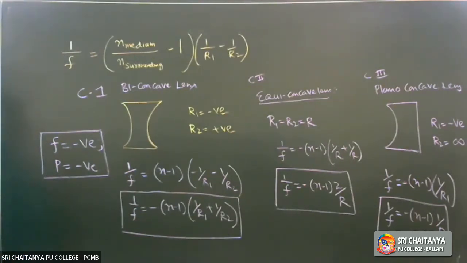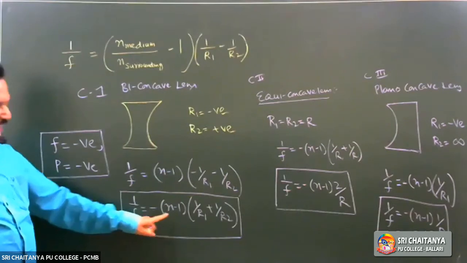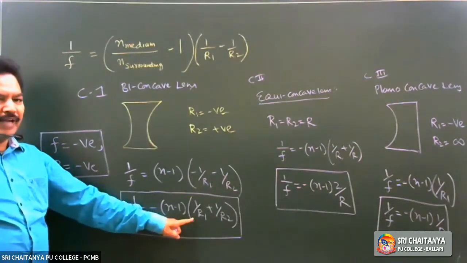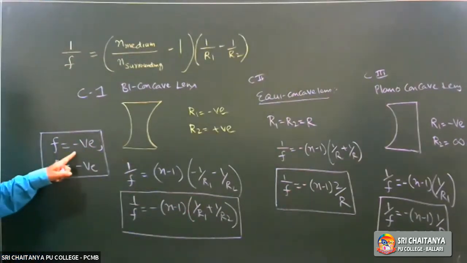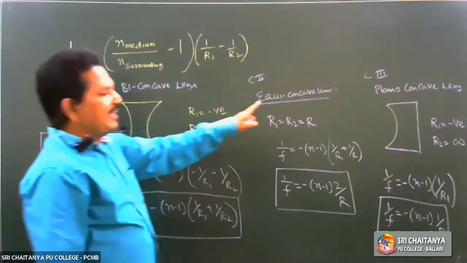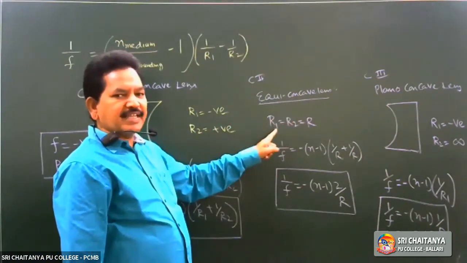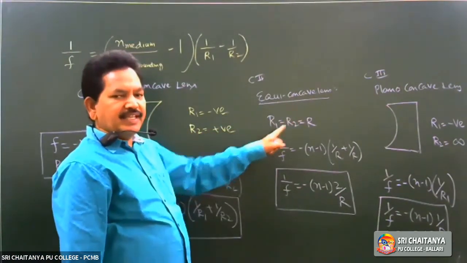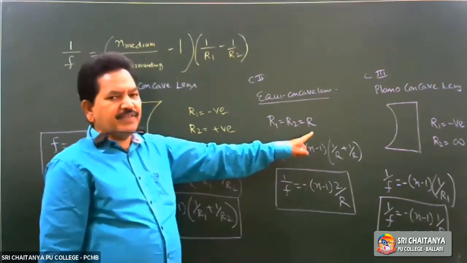Lens maker formula for the biconcave lens: 1 by f is equal to minus (n minus 1) into (1 by R1 plus 1 by R2). Focal length is negative, and power of the concave lens is also negative. Second one, equiconcave lens: the radius of curvature of the first surface is equal to the radius of curvature of the second surface, which is equal to R.